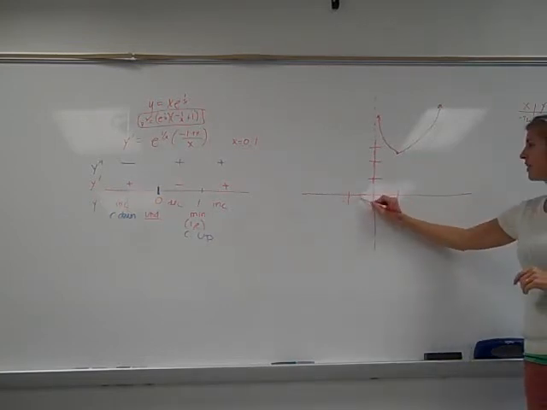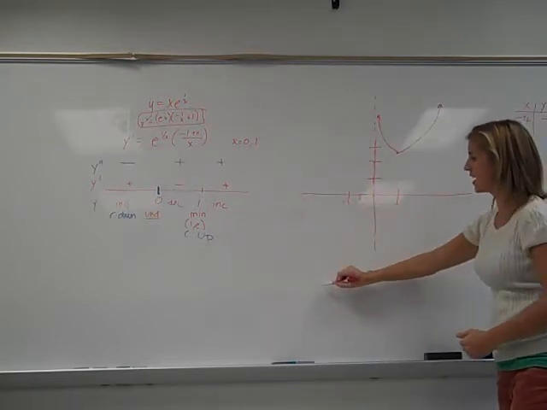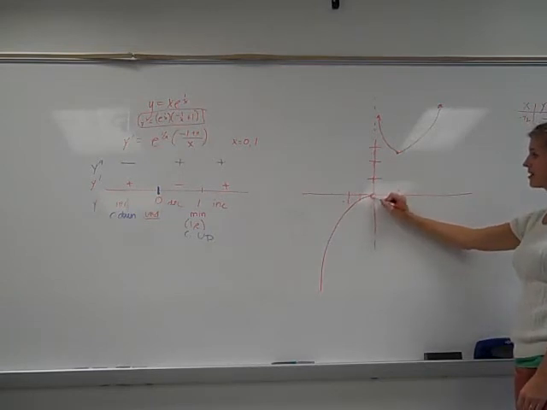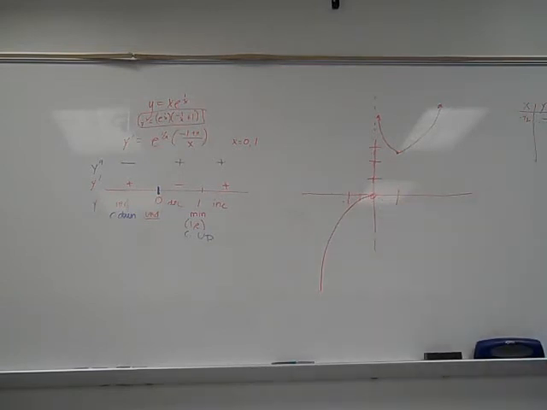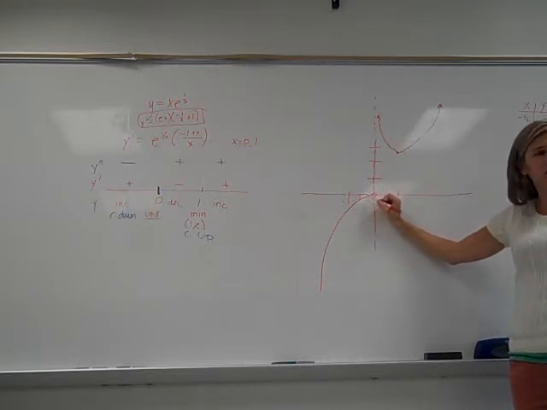So I have a point around here. If it's increasing and concave down, I'm going to make an assumption that this is coming to 0. If I plugged in a couple more points, I'd see that these are tiny, negative, really small points.